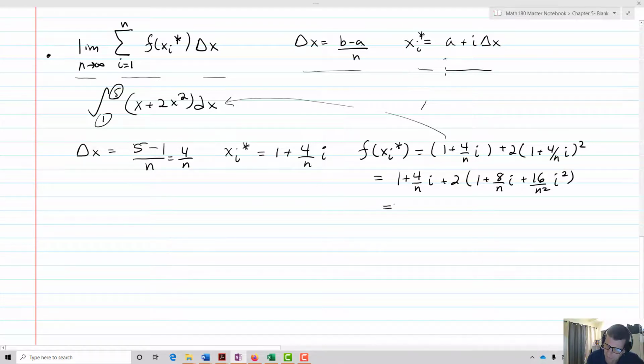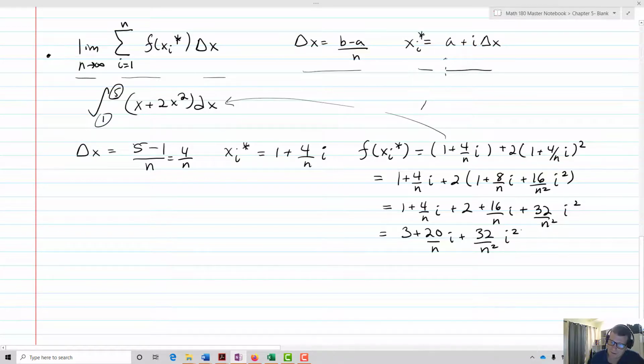And then simplifying a little bit more, we're going to get 1 plus 4 over n i plus 2 plus 16 over n i plus 32 over n squared i squared, which is then going to be equal to 3 plus 20 over n i plus 32 over n squared i squared. Okay, and so that's our f of xi, and that allows us to actually fill in the entirety of this definite integral.